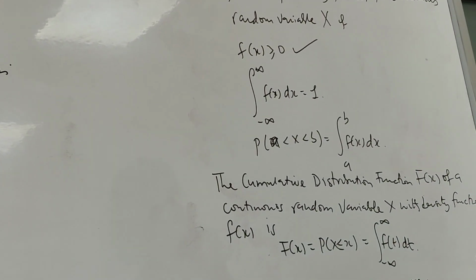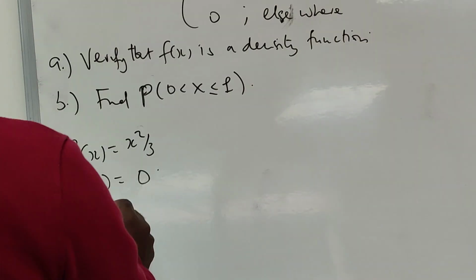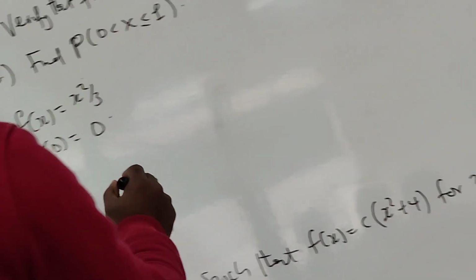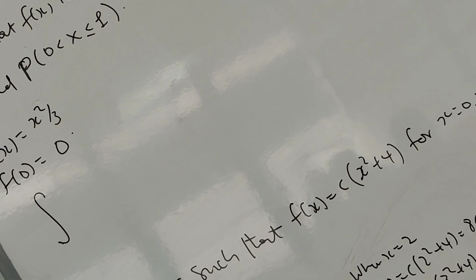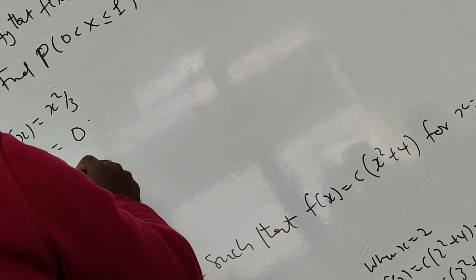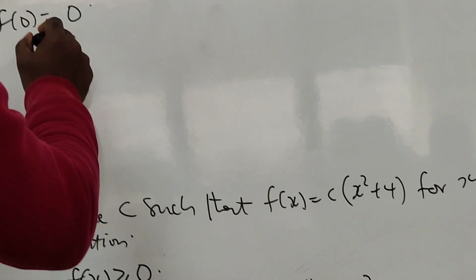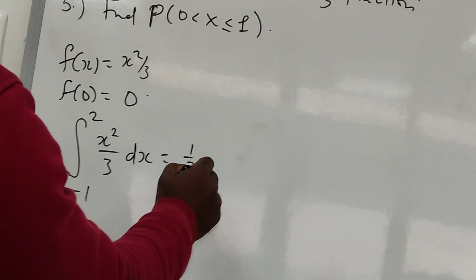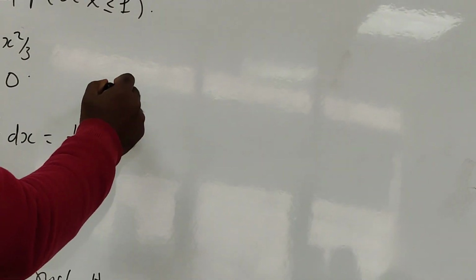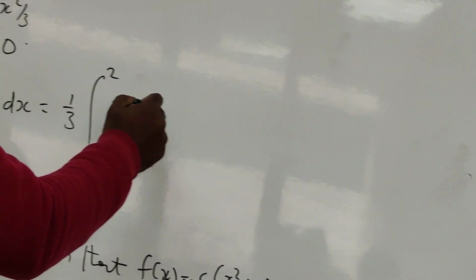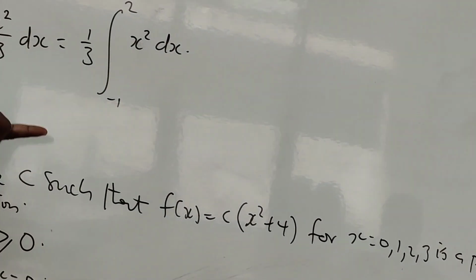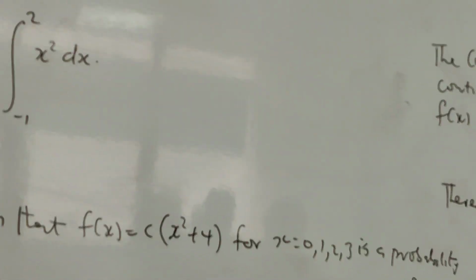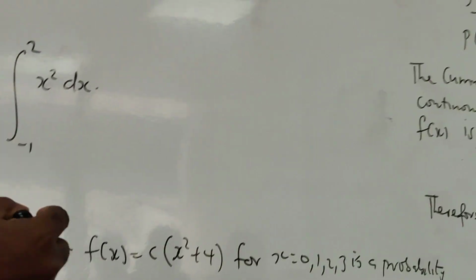Okay? Yeah. Now, if you take the integration of this function, x squared over 3 from minus 1 to 2, dx, you are going to have 1 over 3 integral from minus 1 to 2 of x squared dx. I want to believe in this class we can take this integration because we've done it in calculus 1.